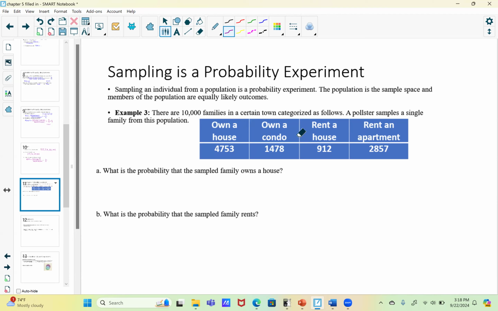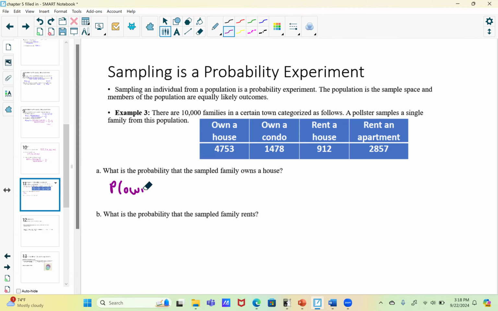For example 3, it says there are 10,000 families in a certain town categorized as follows. A pollster samples a single family from this population. What is the probability that the sampled family owns a house? We find the probability the same way.